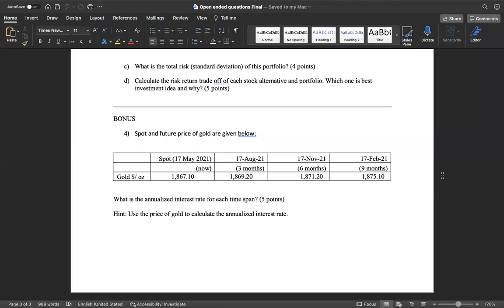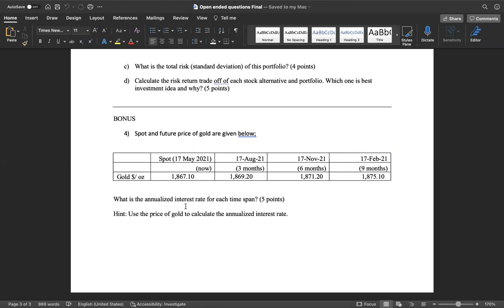Now we are in the fourth question, the last question of your final, and it is a bonus question. The spot and future prices of gold are given below: spot price as of now, and 3 months forward, 6 months forward, 9 months forward prices.